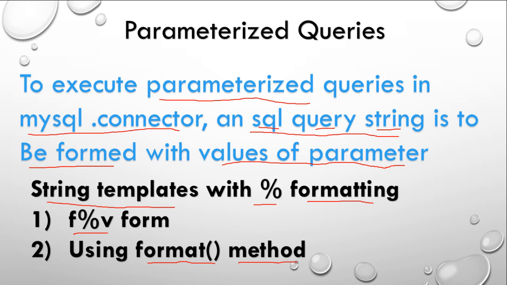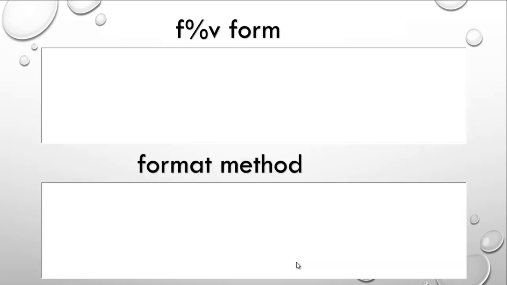So let us see that. First we are going to see how to execute the f%v form. Let me first write the particular query. As I told you, in this we have the f%v form.